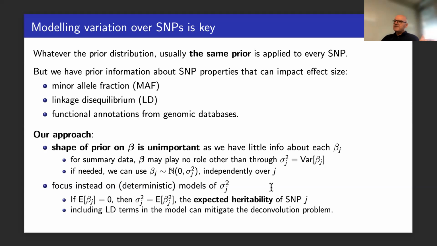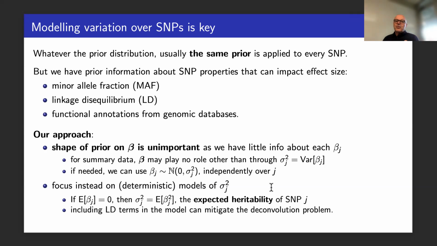So even if you think about a prior that's a mixture distribution with several different components, you don't assign SNPs a priori to any of those components. You try to infer that from the data. So in effect, you're assigning the same prior to every SNP.